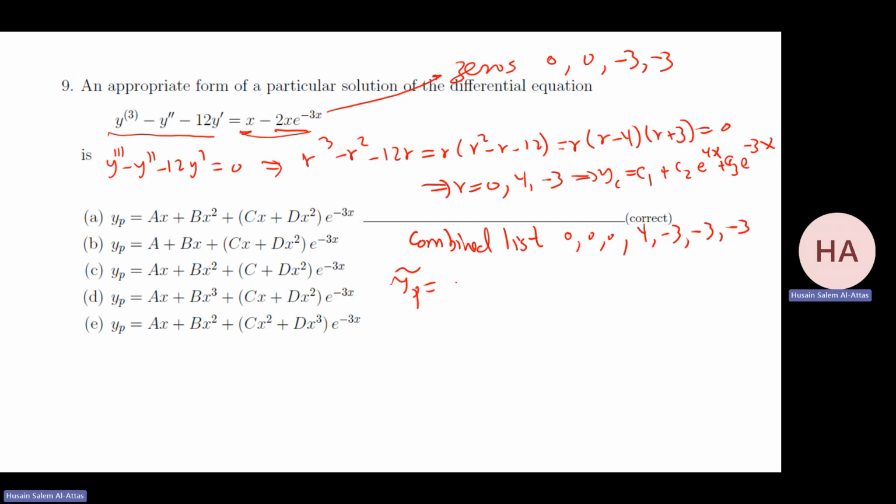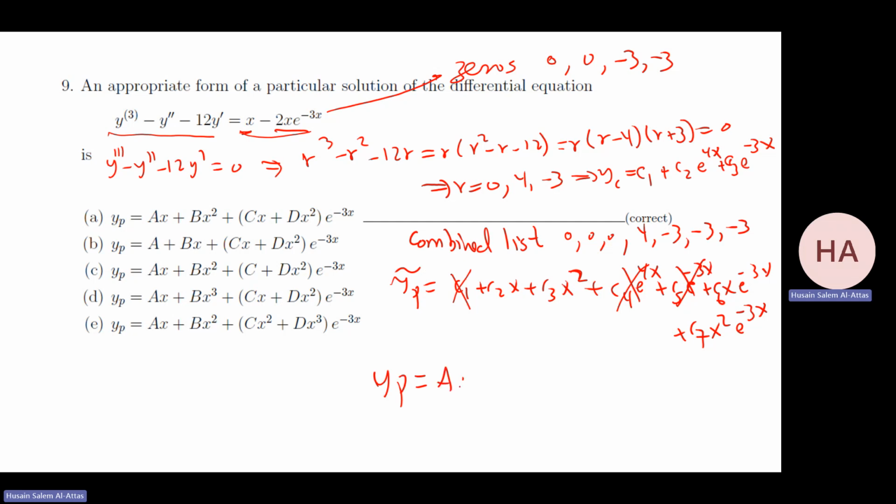So yp hat will be c1 plus c2x plus c3x squared plus c4 e to 4x plus c5 e to minus 3x plus c7 x squared e to minus 3x. Cancel yc, so I cancel this one, and it will be yp equals ax plus bx squared plus cx e to minus 3x plus dx squared e to minus 3x, which is exactly this one.